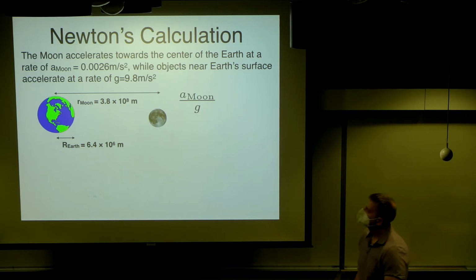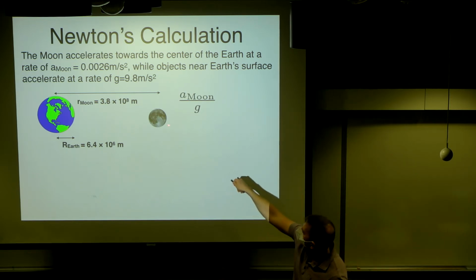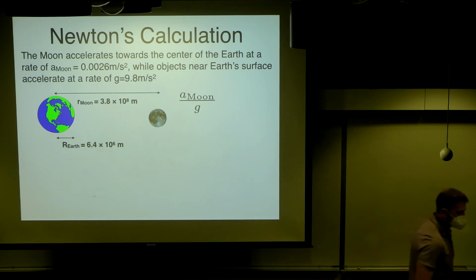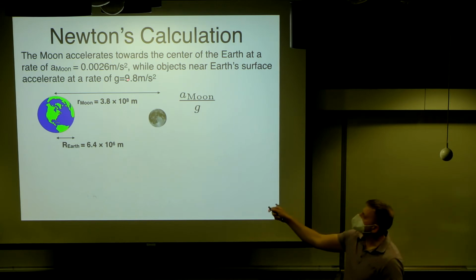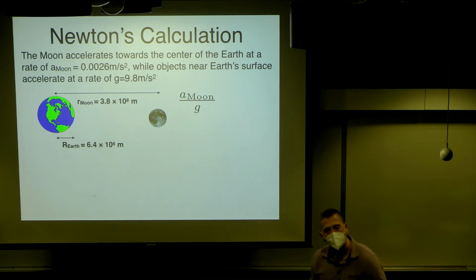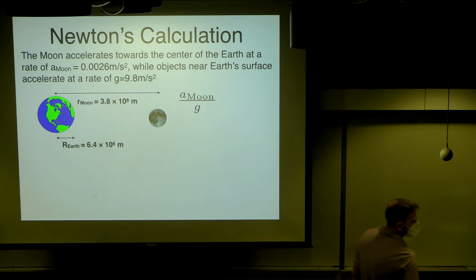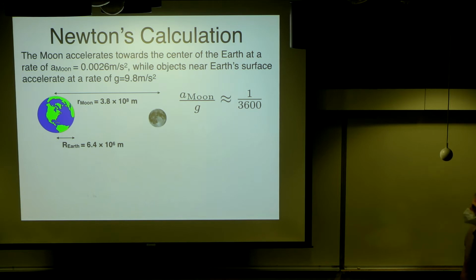Let's take the acceleration all the way out here where the moon is divided by g, which is the acceleration when you're right on the surface of the Earth. Someone crunch those numbers for me. Basically take this divided by this, what do you get? 0.0003. Okay, that's what it is in decimal form, but you can verify this.